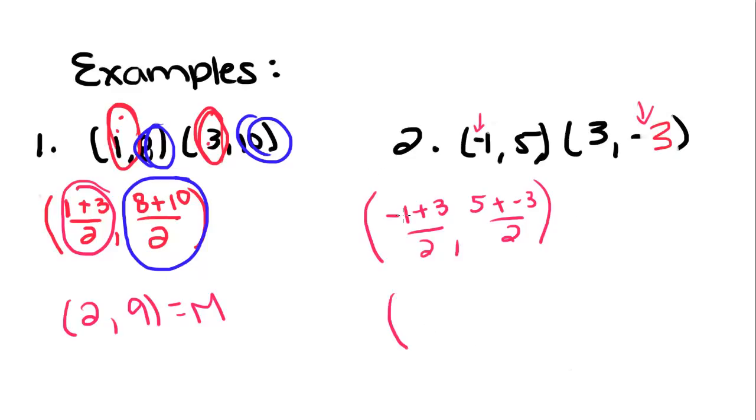So negative 1 plus 3 is positive 2 divided by 2. And when we add a negative, we're really subtracting a positive. So 5 minus positive 3 is 2 over 2, and if you reduce those, you get 1 and 1.